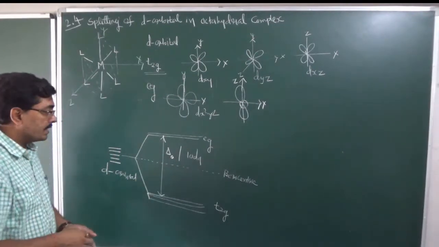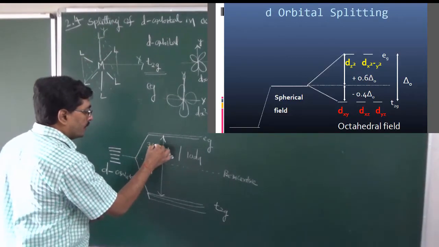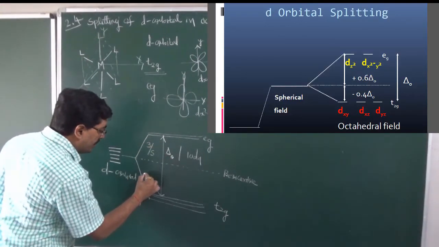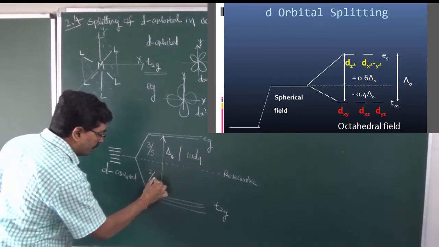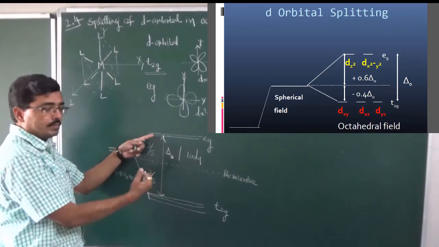Then how much does it increase or decrease? The increase is 3/5 and the decrease is 2/5. As compared to the 2 orbitals, the energy of these 3 orbitals decreases.